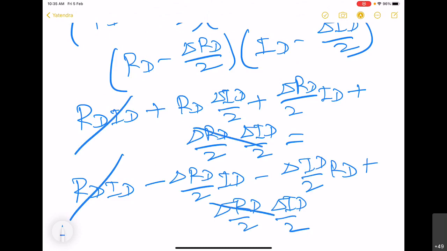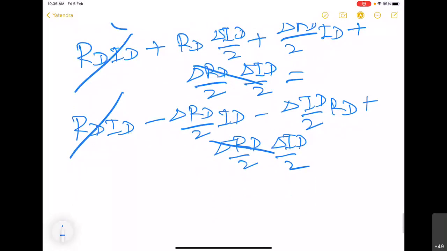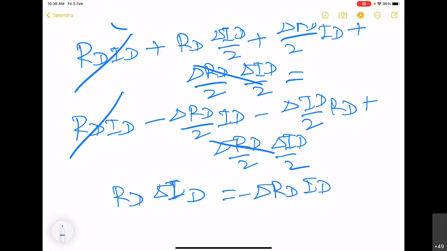What we will have is RD delta ID is equal to minus delta RD ID.